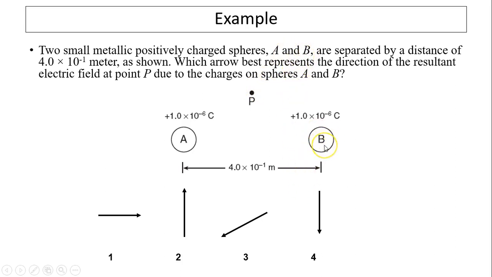Similarly, the field produced by B is going away from B, so it's going to go in the upper left direction. Electric field is a vector quantity, so we have to add these two vectors together. The sum of these two vectors is going to go upward. So the answer is 2.